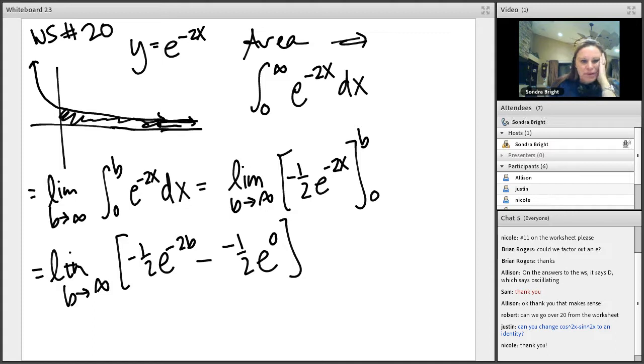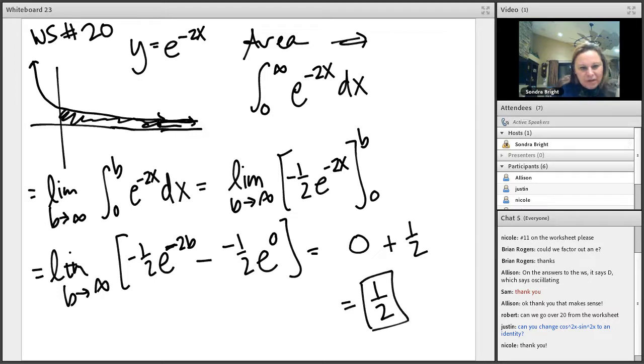And so now as b goes to infinity, you're talking about a negative infinity in the exponent. And so this ends up being a 0 plus 1/2, which ends up being a 1/2.